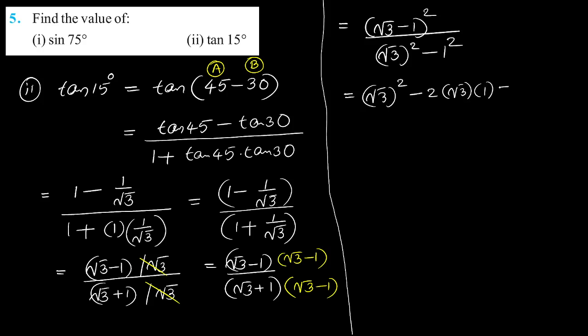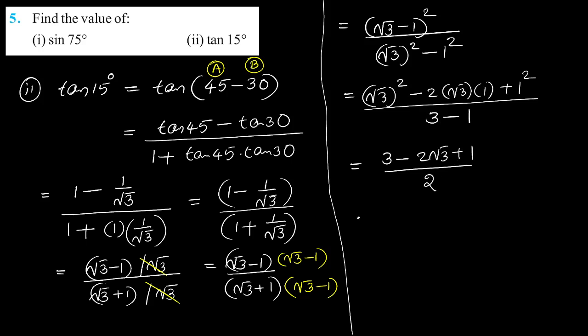You can ask me doubts after I complete it first. Root 3 square is 3, 1 square is 1. Numerator is 3 minus 2 root 3 plus 1. Denominator is 3 minus 1, which is 2.